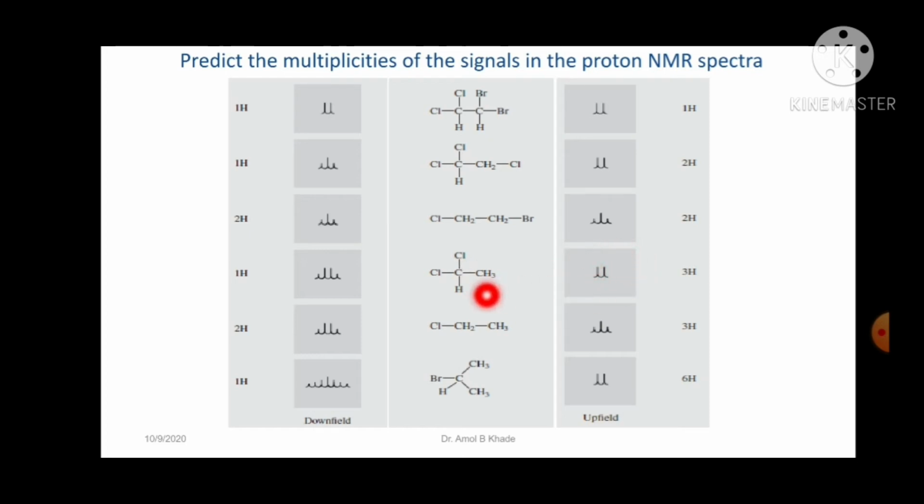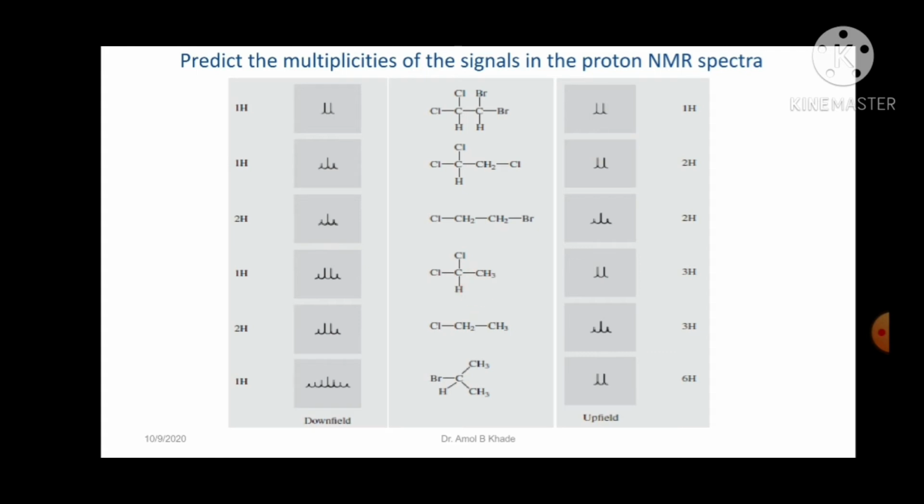Because of the 3 protons here, and this is not directly connected to a chlorine atom, this will be more shielded, it is appearing in the upfield region. Whereas this CH proton has only 1 proton and it is also connected to 2 chlorine atoms through this carbon, so it will be more deshielded, okay.